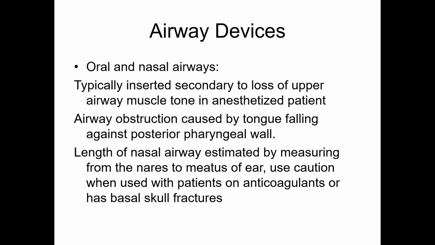So the tongue will go posteriorly against the posterior pharyngeal wall and will obstruct the upper airway. So those instruments are to push the tongue away from the posterior pharyngeal wall and open the airway.